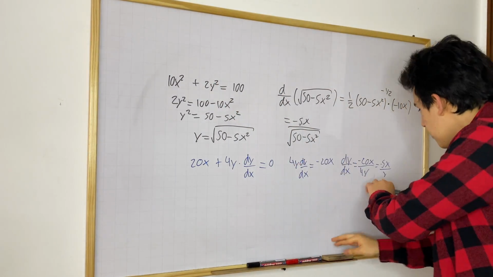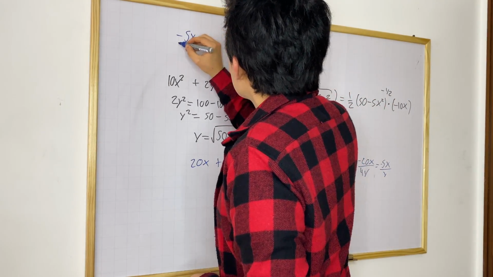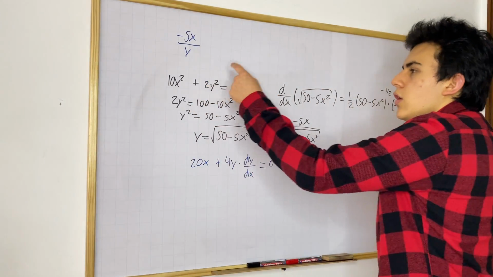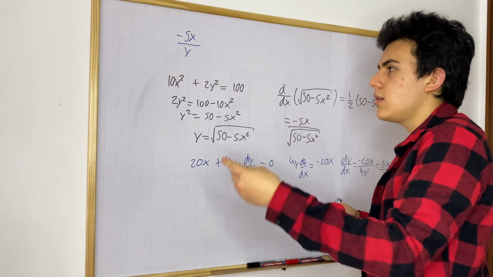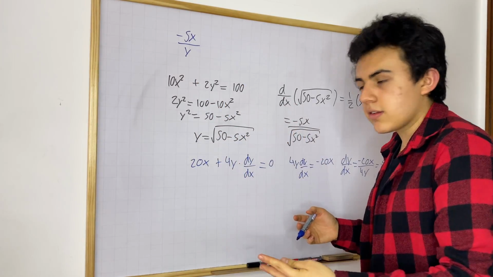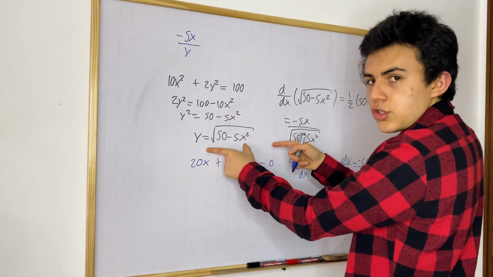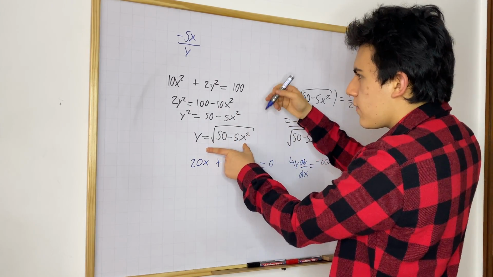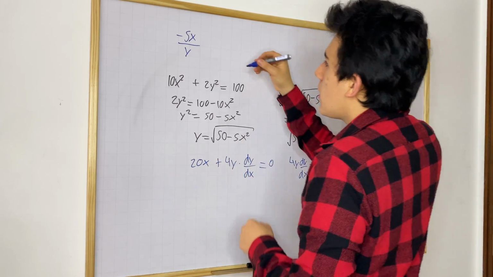Now, there is something pretty cool here. If we have minus 5x over y, you could replace y in here, and then you would get this expression in terms of x. And you know how much y is. y is this expression. We just derived this from the equation that we had before. So what happens if you plug in y into that?